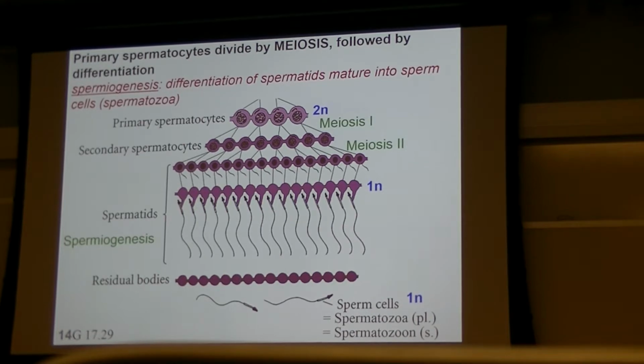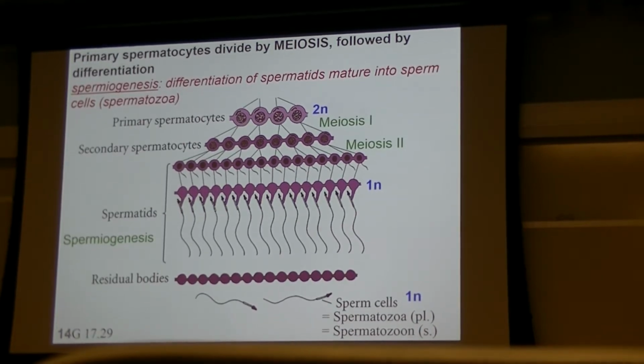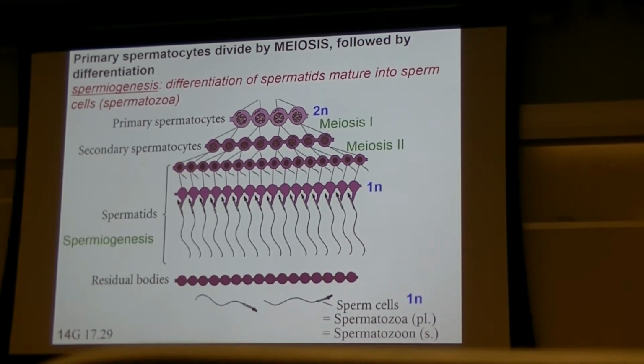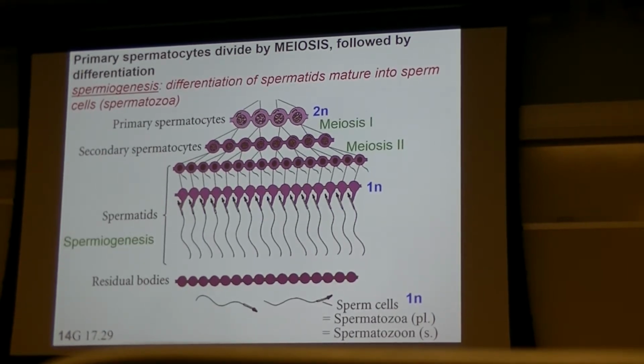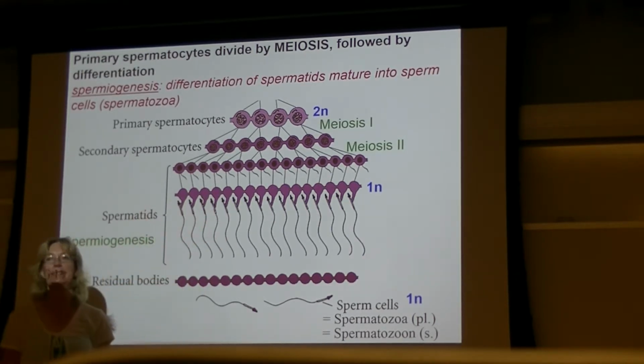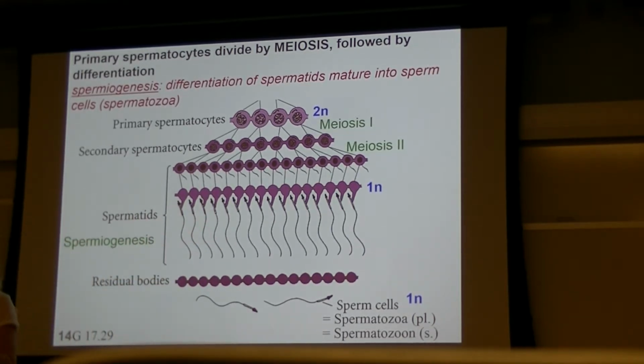This represents most of the cytoplasm that those cells, those secondary spermatocytes, had. They're getting rid of it because they want to become a very streamlined, jam-packed, specialized sperm cell. And so they don't really need or want all this extra cytoplasm, and it's actually sloughed off as a, quote, residual body that then just degrades because it no longer has any nucleus or anything.